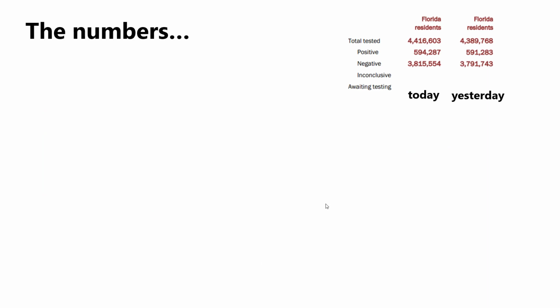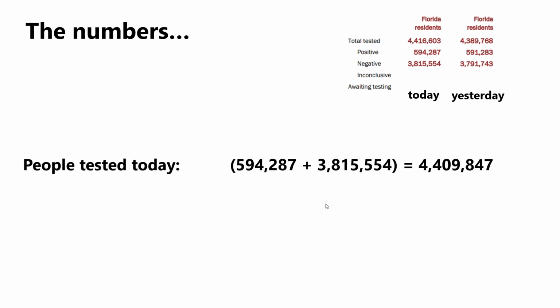Okay, so let's get into the numbers of all of this. If I was going to look at the people tested today, I can take that from today's report. This is very similar to what we just did for one of the case positivity measures. I can take the total number of positives plus the total number of negatives, and that is the total number of persons who have been tested based on today's report cumulatively to date.